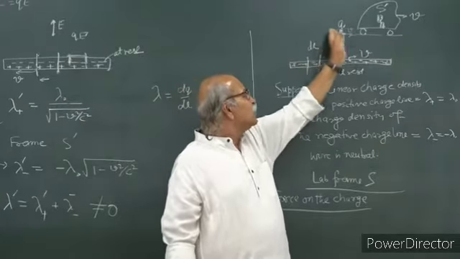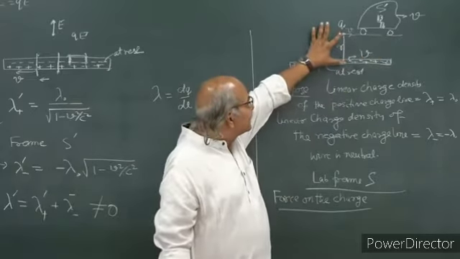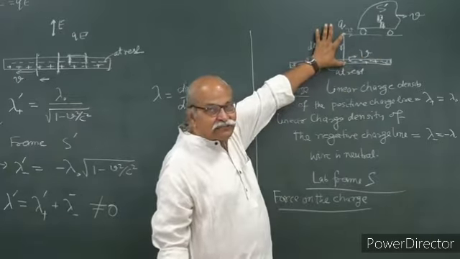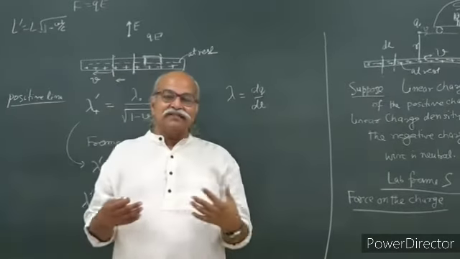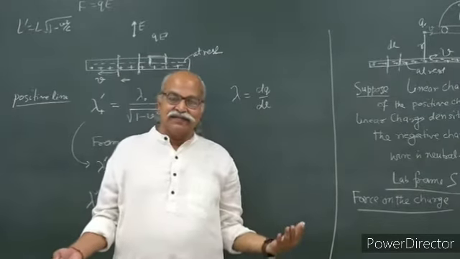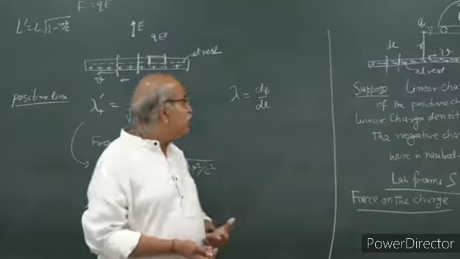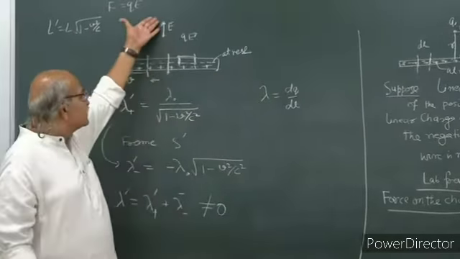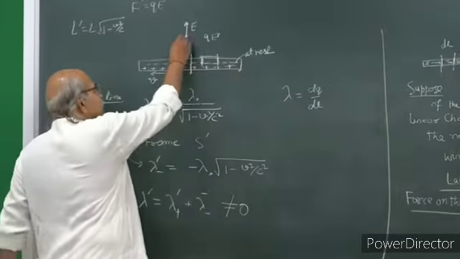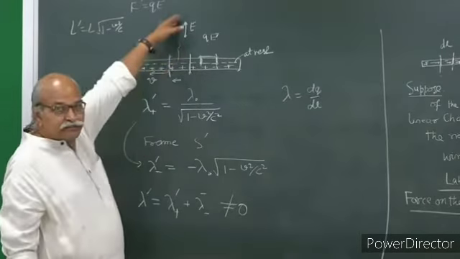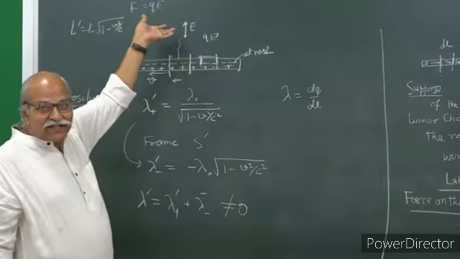Stay here means it is moving, but this separation should stay at this value r. But now, if I see from the trolley frame, there is a positive charge density on the wire, there is an electric field in this direction, and therefore, there is a force, and this distance keeps increasing. Now, this is very illogical.